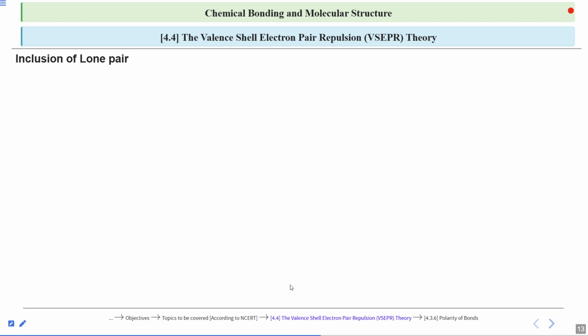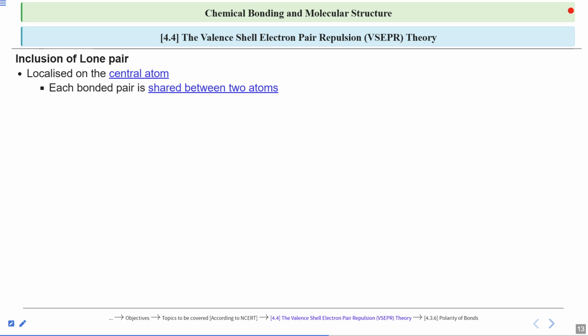Now let us include the lone pair in our discussion. So this is the most important part. Mostly the questions are asked from this part where lone pairs are included. If I talk about the lone pair, we know very well that the lone pair is localized on the central atom. Okay, they are not shared between the central atom and the surrounding atom. They are only present on the central atom. And that is the reason we call them lone pair. Now, each bonded pair, we know, is shared between 2 atoms.